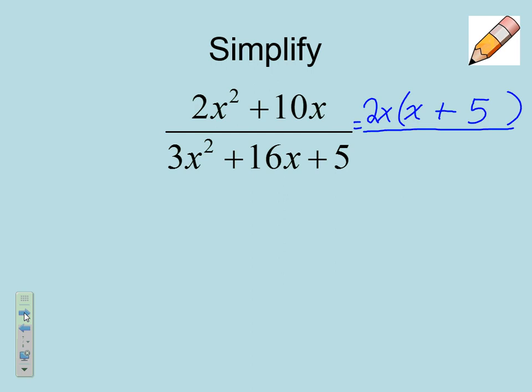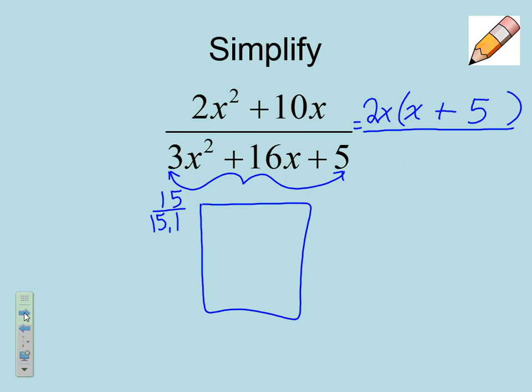Now on the bottom, this has 3 terms. Can I take out a greatest common factor? No. So what do I do when I have 3 terms? The AC method. So let's take a times c and we get 15. What multiplies to make 15, that's the a times the c, and adds to make 16? How about 15 and 1? Then we put them in the 4 squares, ladies and gentlemen.